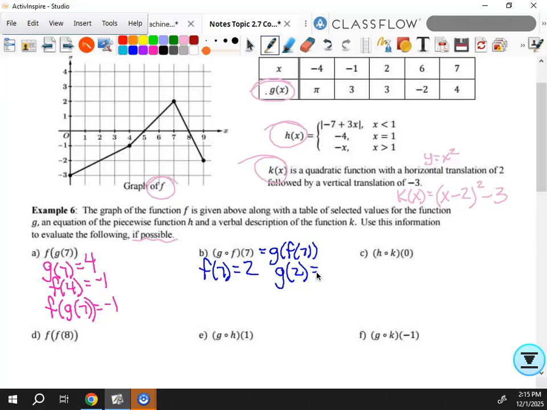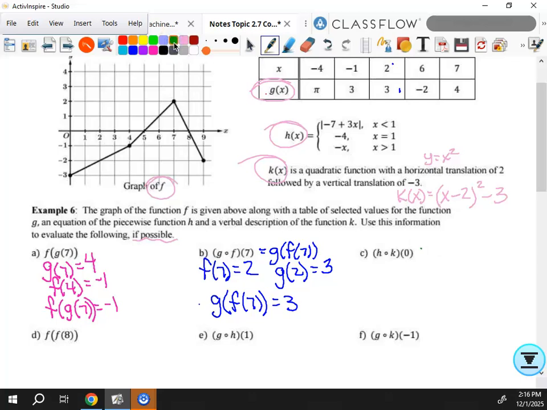G of 2 is 3, right? When x is 2, g is 3. Therefore, g of f of 7 equals 3. Notice how I'm labeling my answers. I don't just have a random 3 out there. It asks me for g of f of 7, and so I'm stating what the answer is. Okay? We all good?